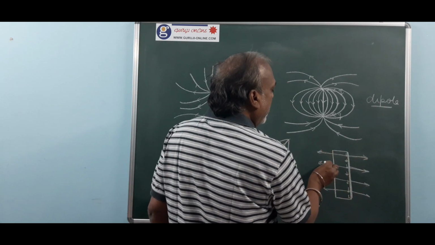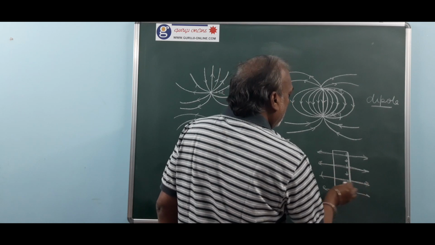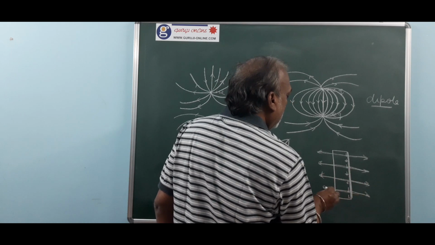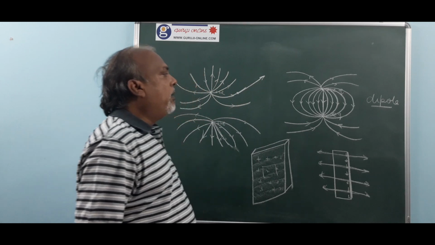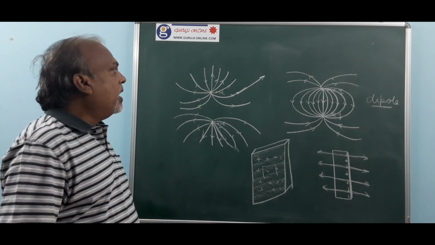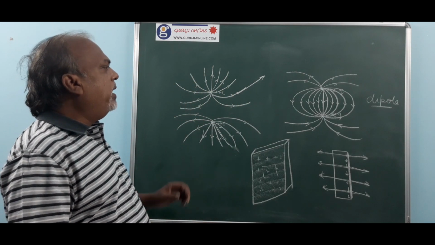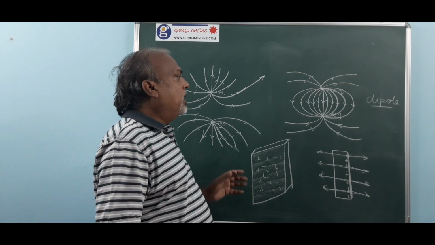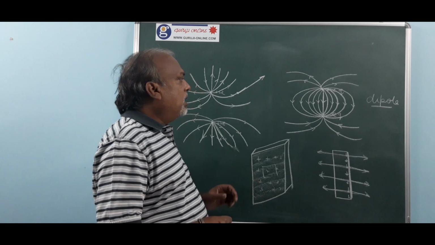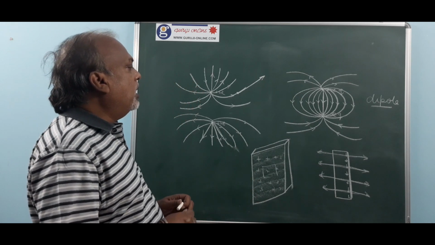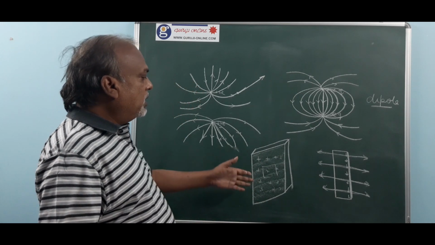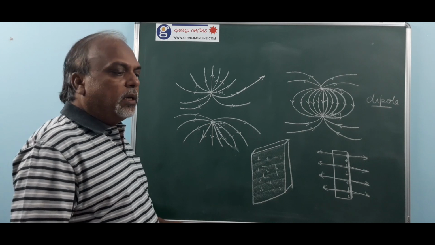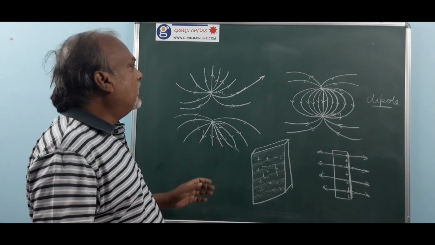For the applications part, we will see in the next video. So this was one idea I wanted to give about Coulomb's law and electric field, and you must understand how these charges behave. Then only, and of course the electric field lines, can you do the questions correctly.